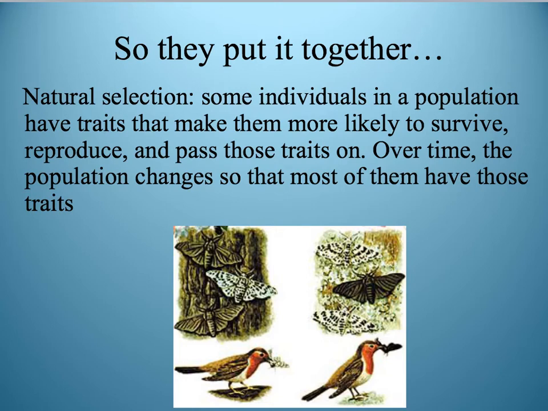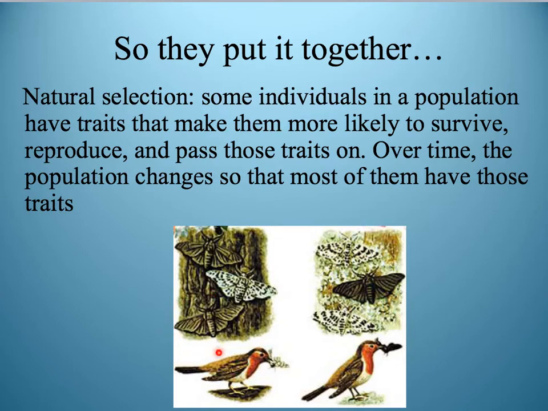Boom, so they put it together. Natural selection. Some individuals in a population have traits that make them more likely to survive, reproduce, and pass those particular traits on to the next generation. Over time, the population changes so that most of them have those traits. We see here the white moths do not blend in with the darker bark color, and so they are eaten and are unable to pass those white moth genetics on to the next generation.